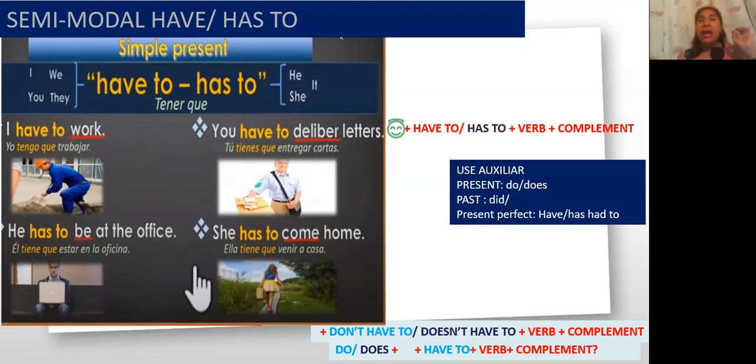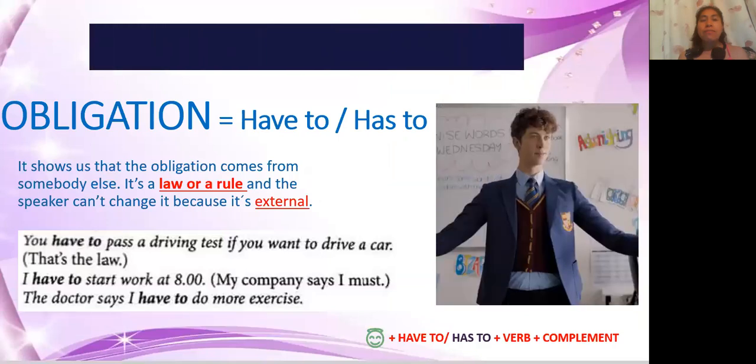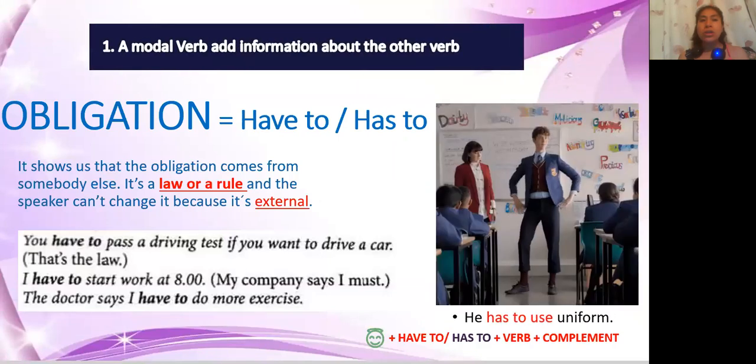And remember, a modal verb can have one or more meanings. It depends on the context. So remember, different meanings for one modal verb. The first one we are going to check is the modal verb about obligation.